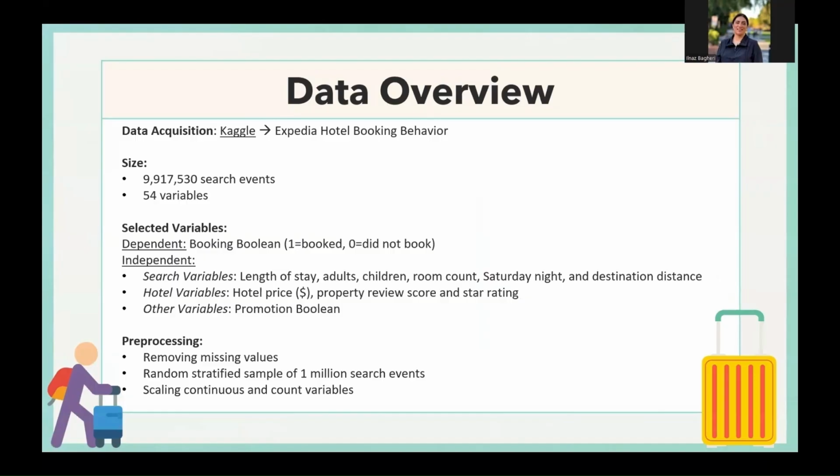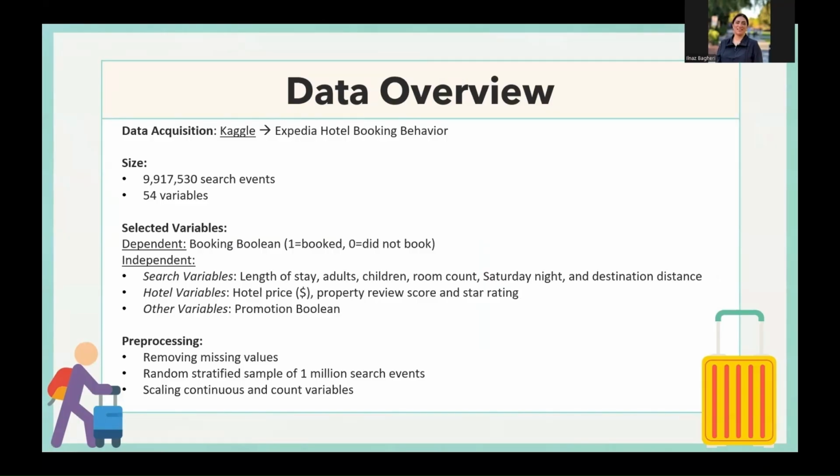Our analysis uses the Expedia hotel booking behavior dataset sourced from Kaggle. The dataset contains nearly 10 million search events and includes 54 variables that describe customer behavior, hotel characteristics, and booking outcomes. For our modeling, we selected variables that are most relevant to customer decision making.